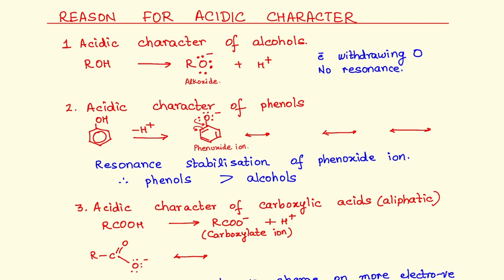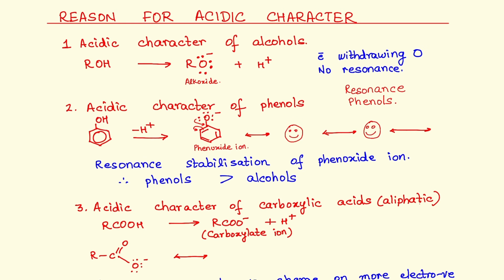And if you are not able to, I would suggest that you watch the video on resonance, or you may even like to go back to the videos on phenols. I want you to be confident. These are not canonical structures. I want you to try them yourself.